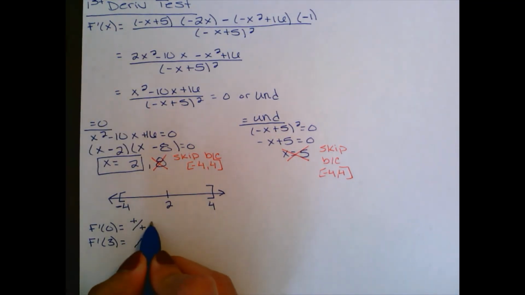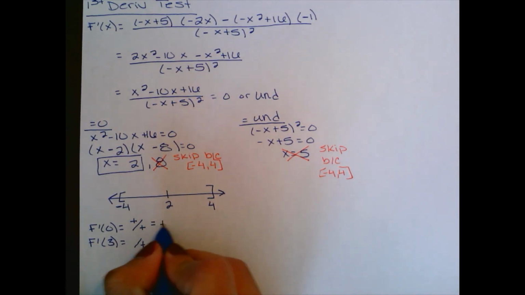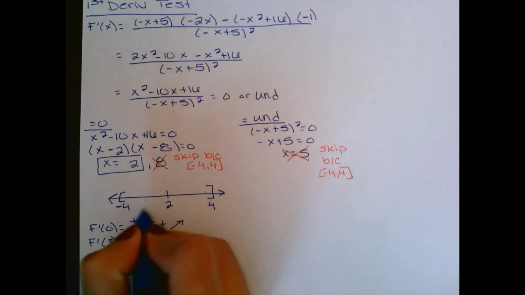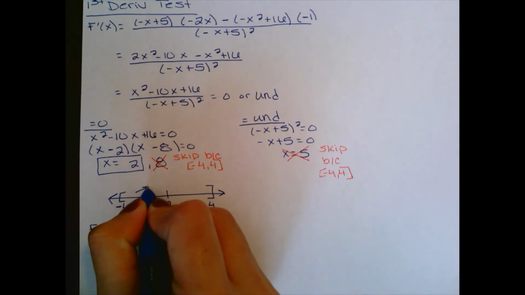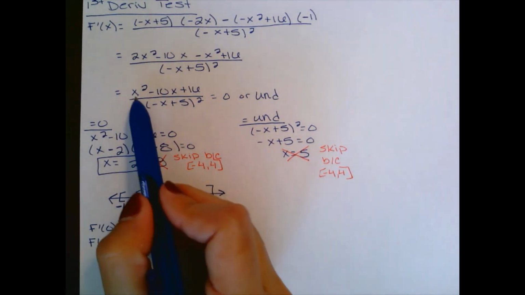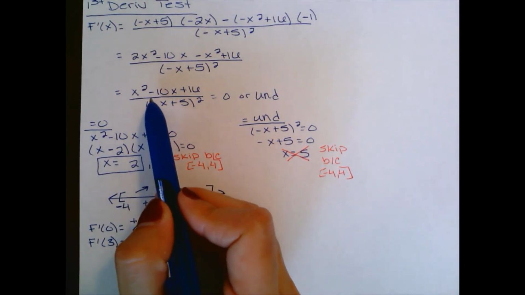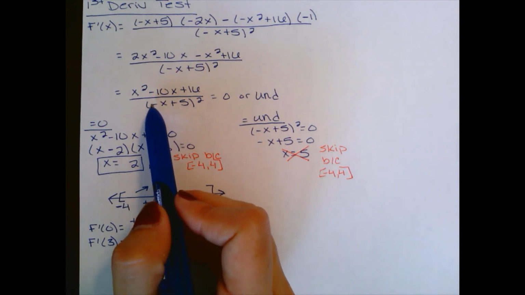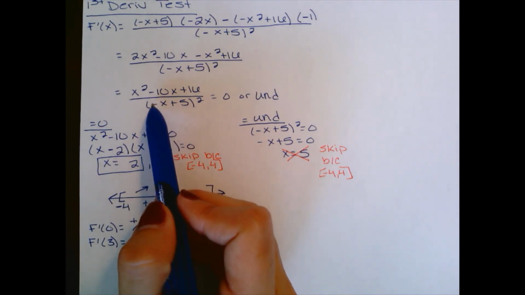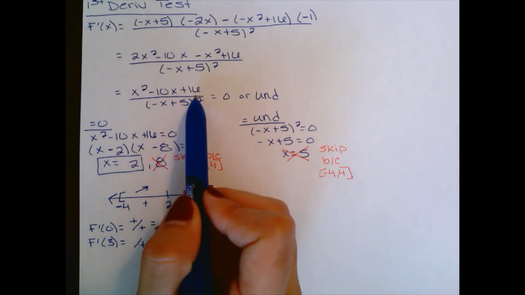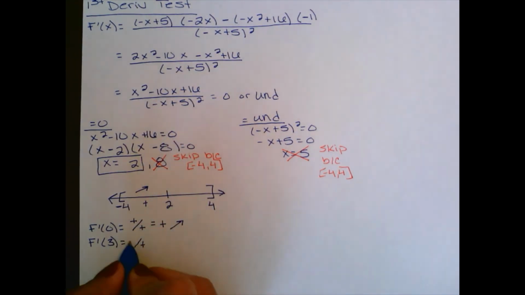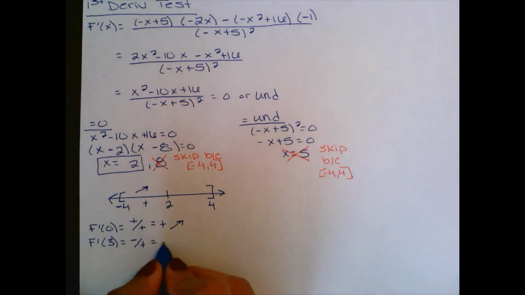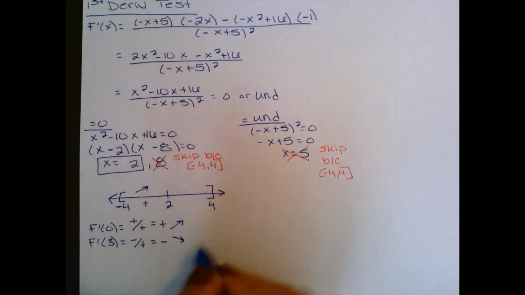So for this first one, positive divided by positive is positive, which indicates increasing. And then if I put a 3 in here, 3 squared is 9, minus 10 times 3 is 30. 9 minus 30 is already, let's say, negative 20 something, plus 16, I'll still state negative. Okay? And the negative divided by positive is negative, which indicates decreasing.